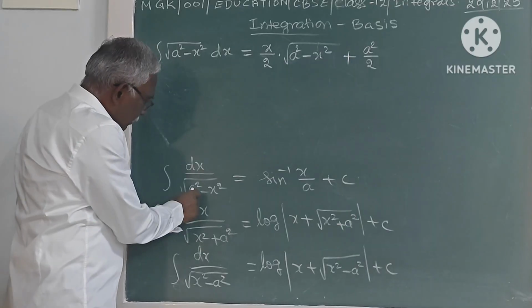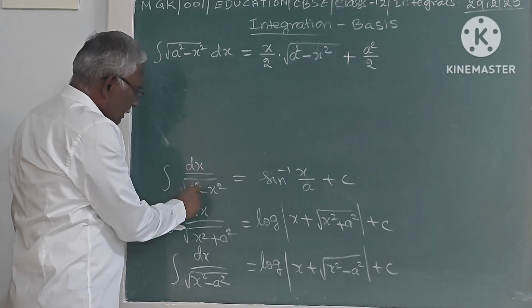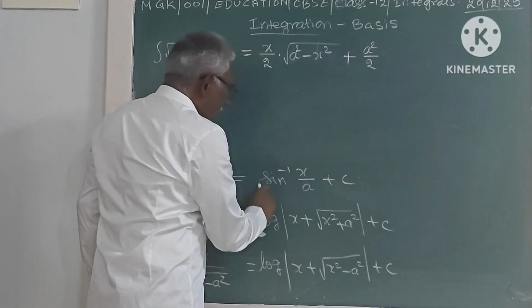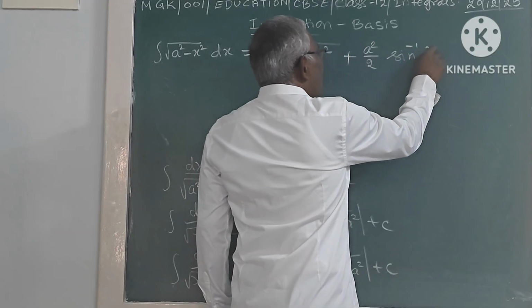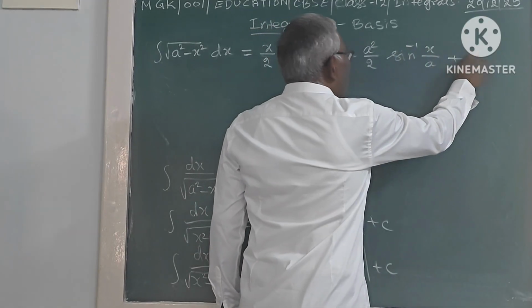Then you have to come to this integral. What are we getting? This value we have to write here, sin inverse x by a plus constant.